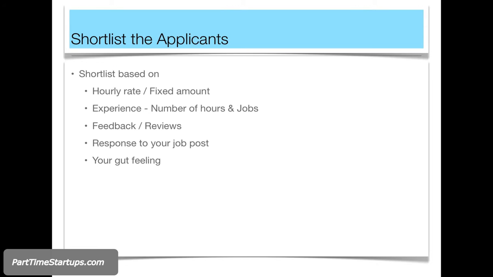The primary factor I would recommend is their experience on those freelancing websites. Like on oDesk, it shows their rating, number of hours they worked, number of jobs they worked. Same thing with Elance. Elance shows levels of expertise, how much they worked on Elance, their rating and everything. So try to narrow down the people and select based on experience, feedback and reviews.